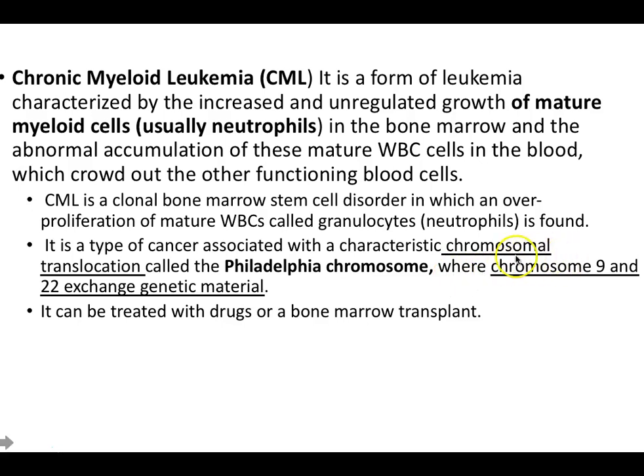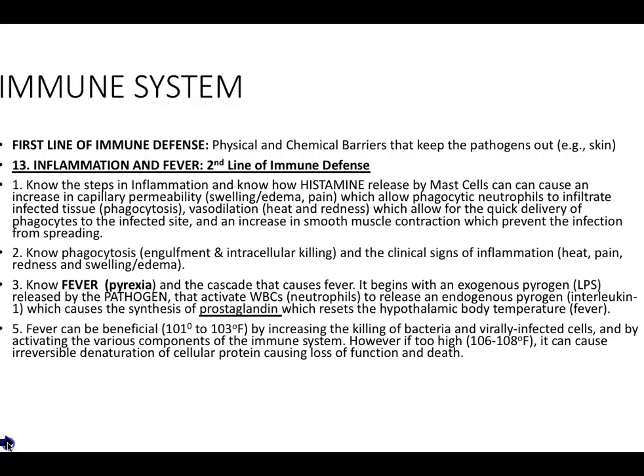And it is characterized by shuffling some of the material from chromosome 9 to 22 and vice versa. That translocation is what will bring two pieces of DNA that never should be next to one another, and it results in chronic myeloid leukemia. Okay, so that's it for leukemias.